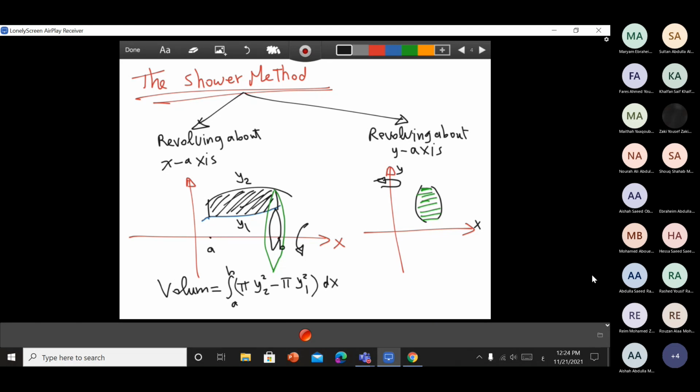Okay. If you go for y, you will do the same. You will have the volume generated by the outer one, and you have the volume by the inner one. And you cut these two to get the volume.